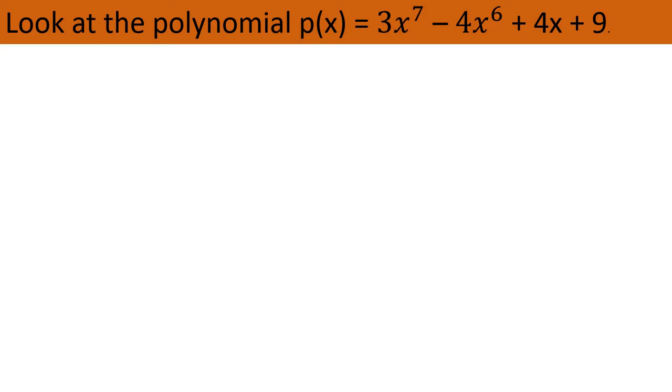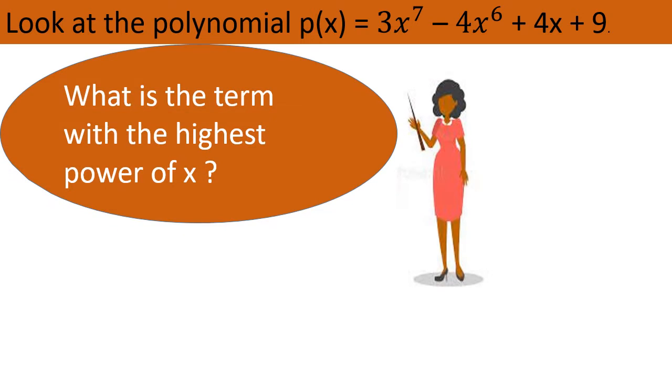Look at the polynomial p of x, where p of x is 3x to the power of 7 minus 4x to the power of 6 plus 4x plus 9. What is the term with the highest power of x? Here you can observe that 3x to the power of 7 has the highest power.